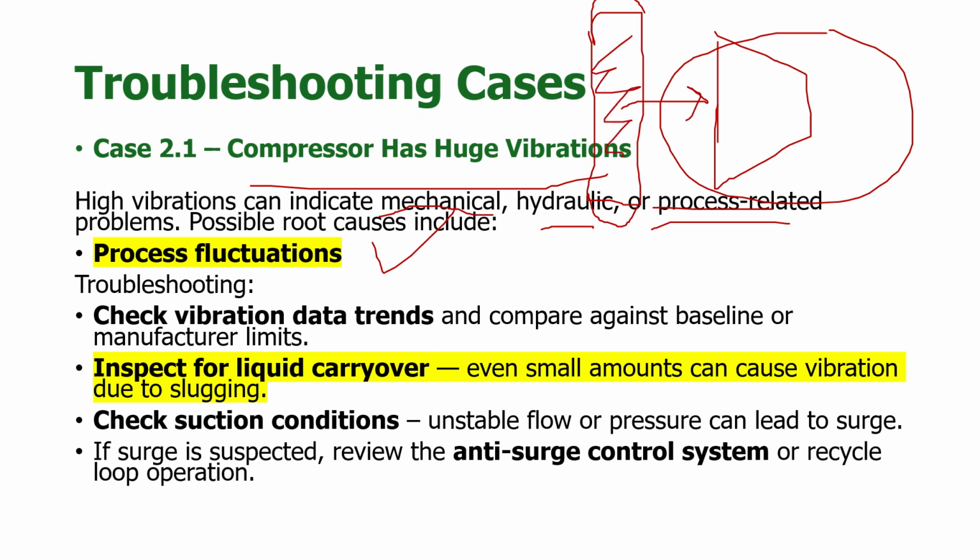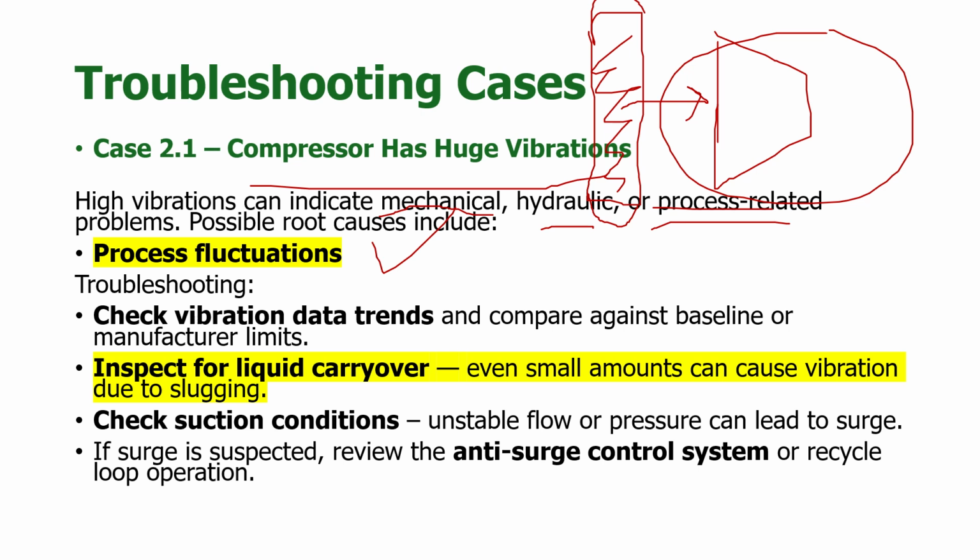So you might have issues with this absorption column, this vertical separator, and that's why you have the vibration in the compressor. Or I'll give you one more example from the mechanical part, like mechanical imbalance or resonance issues. It might be due to worn bearings, misalignment, an unbalanced rotor inside the compressor, or, as I told you about resonance, it might be caused by piping layout, natural frequency, etc.